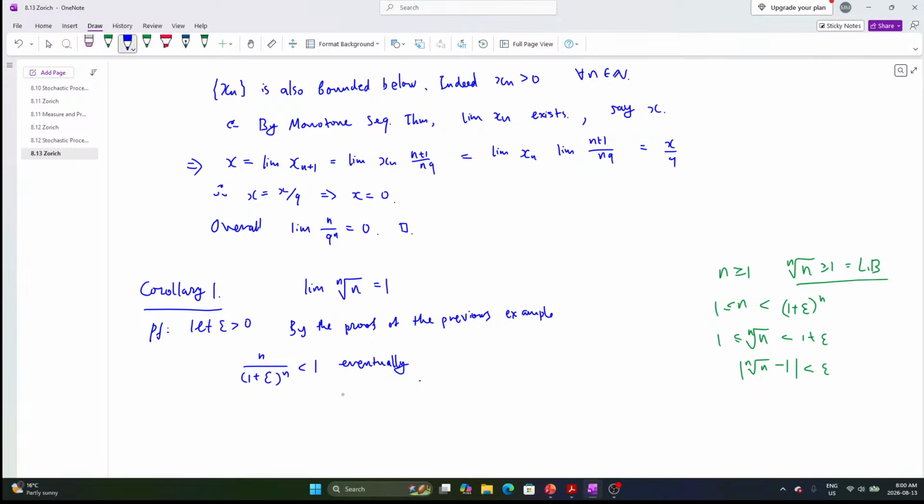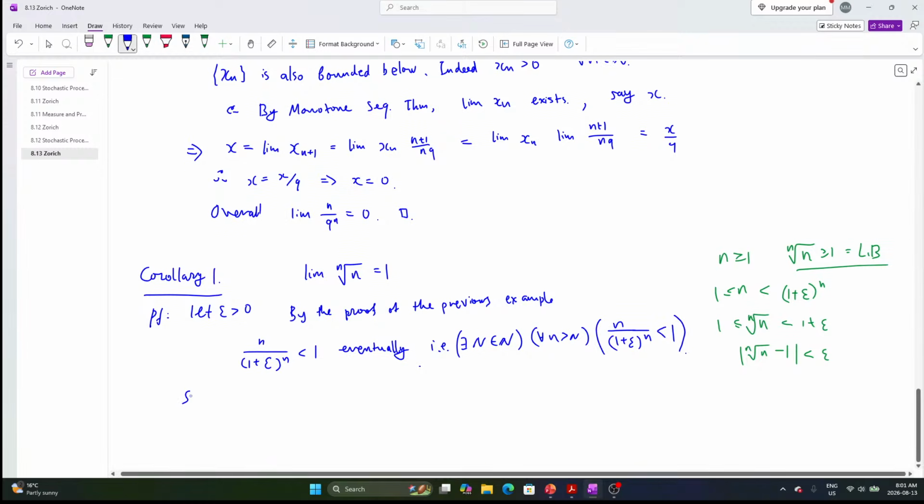Okay, that's it. So, i.e., there exists a big N such that for all n greater than big N, little n over (1 plus epsilon) raised to the n is less than 1. Okay, and then we can use what we have here.